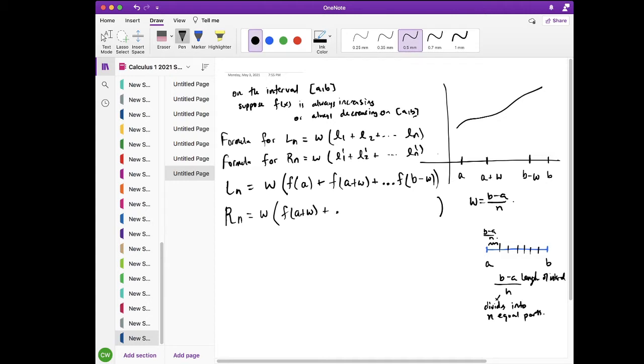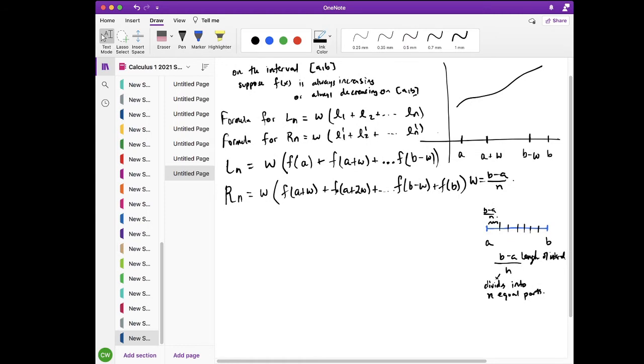And then where do you end? You end at B. All right, so this is a general formula for the left and right approximation of any interval. Increasing and decreasing, that will come later. Okay, so what happens if you do this?